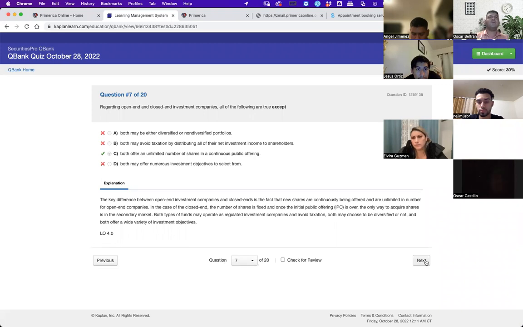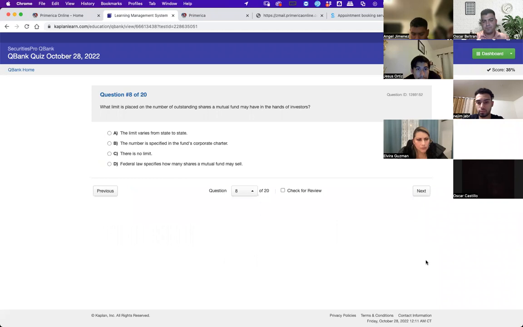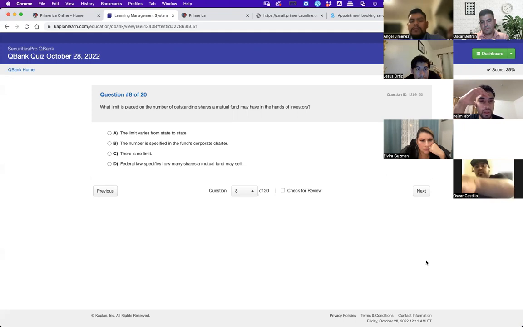All right, cool. Now go to the next question. What limit is placed on the number of outstanding shares a mutual fund may have in the hands of investors? There is no limit.